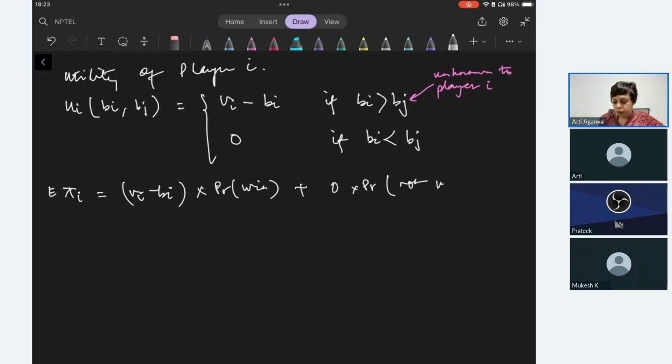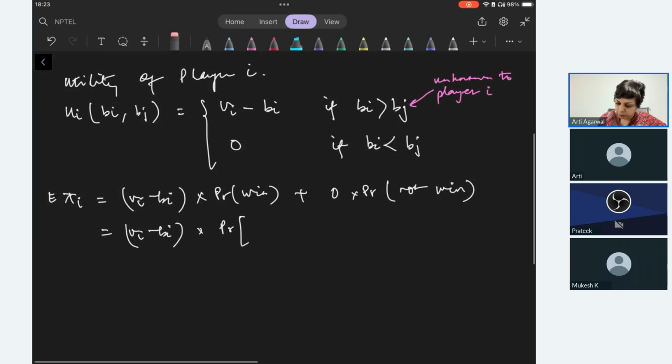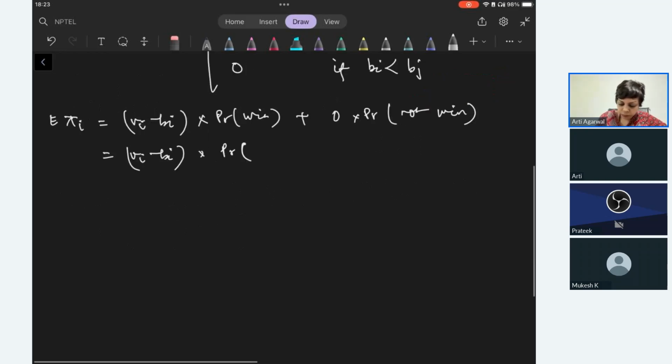Nothing new. Now Vi minus Bi times the probability of win is nothing but the probability that Bi is greater than Bj. This is the condition for winning.